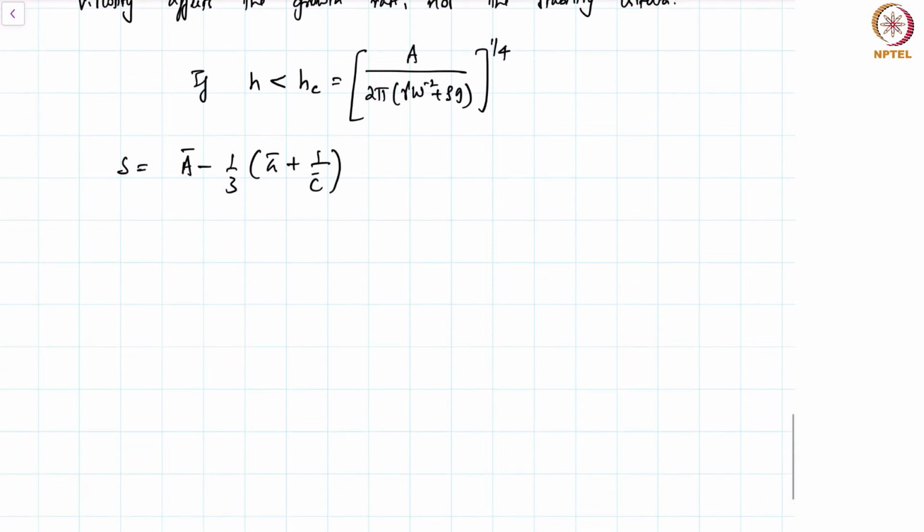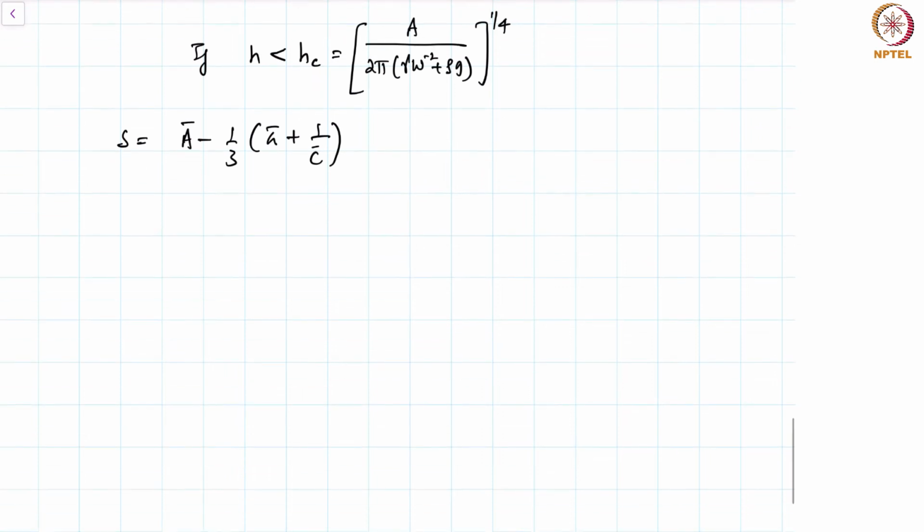If we substitute the expressions for all of this, so we have substituting A bar, G bar and C bar. Then what do we have now? We have the expression for the growth rate.